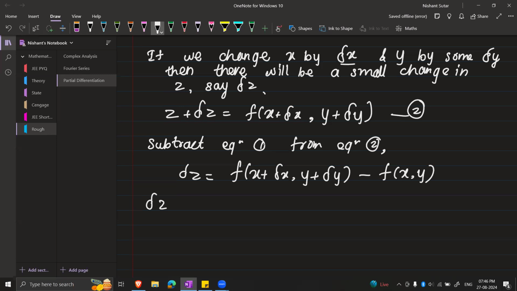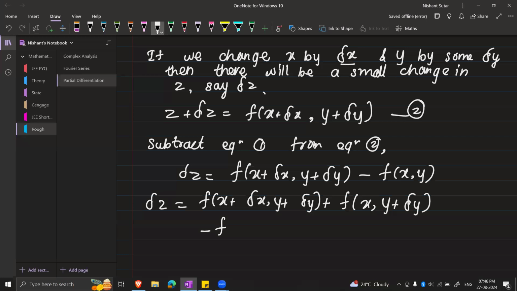Well, I will simply add and subtract one quantity, f of x comma y plus delta y. So I add f of x comma y plus delta y, and minus f of x comma y.